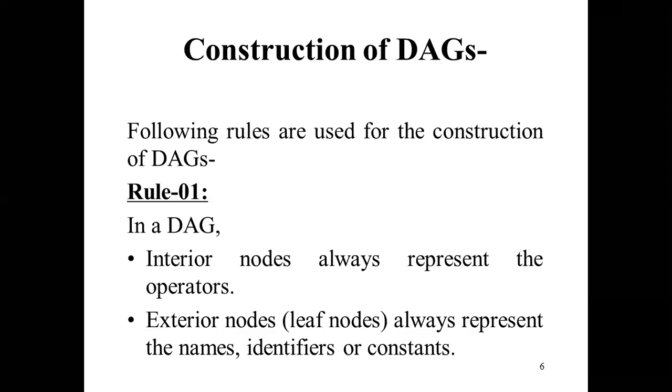Exterior nodes, which you can also call leaf nodes or children nodes, will represent names, identifiers or constants, meaning it must have the variable name or the value or the constant. So this is the difference between the interior node and exterior node.